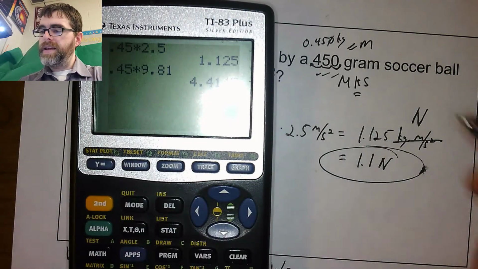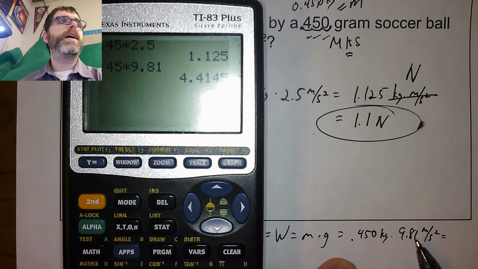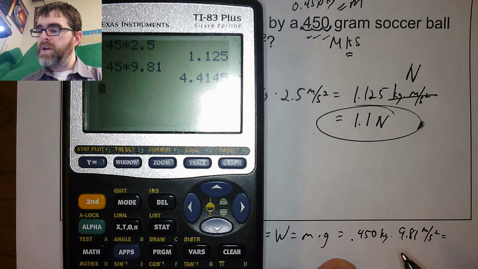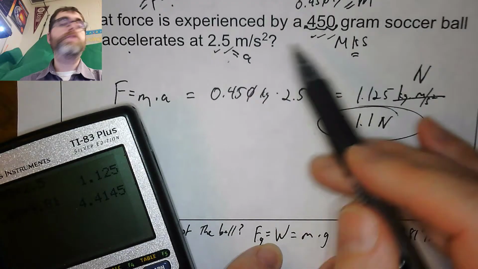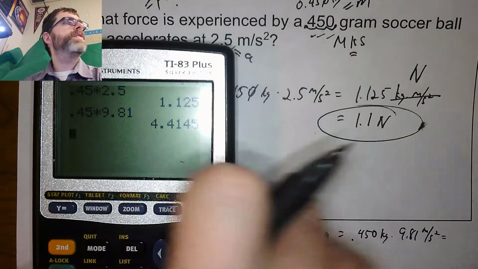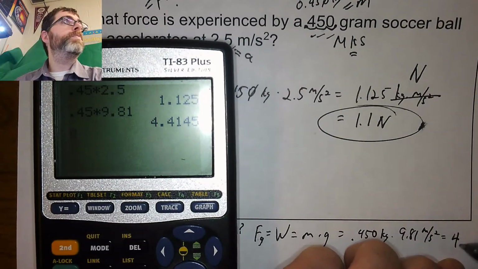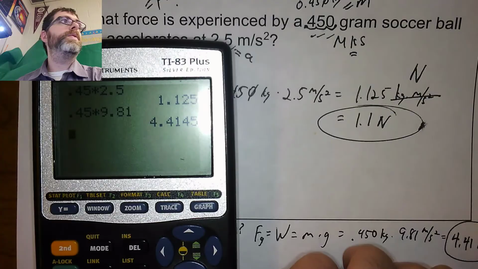Anyway, we're going to have the same number of sig figs here because the acceleration due to gravity is considered a constant, and so we're not going to let that limit us. We have 3 sig figs here and we didn't use this value, so 3 sig figs this time. Anyway, rounding that one off to 3 significant figures, I end up with 4.41 newtons for the weight of the ball.